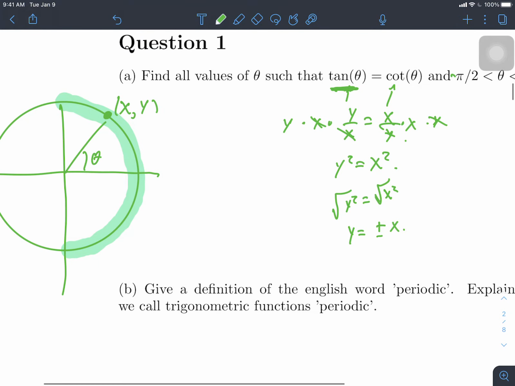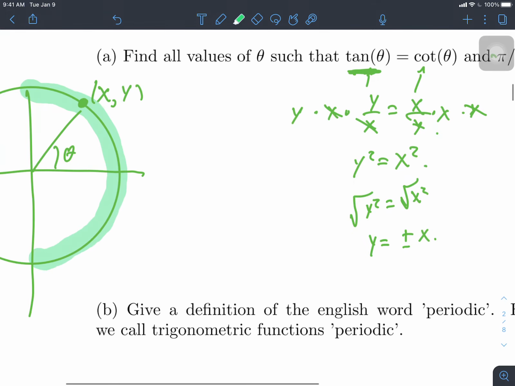So I want to look for points on the unit circle such that the absolute value of y is equal to the absolute value of x. In other words, their magnitudes are equal to one another. And if I look on this right half of the unit circle, I can see that there are only 2 points where that's going to happen.